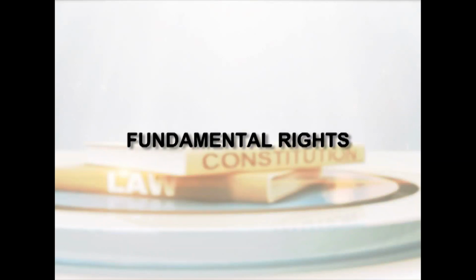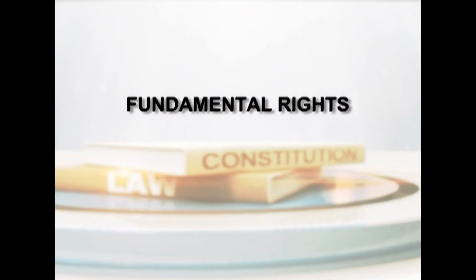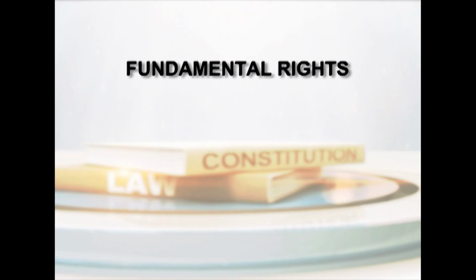Second, next feature is fundamental rights, wide articulation of fundamental rights. We have accepted fundamental rights from the world constitutional history, as well as we have been influenced from the UN Declaration of Human Rights. Previously, we had 7 categories of rights. Now we have 6 categories of rights.